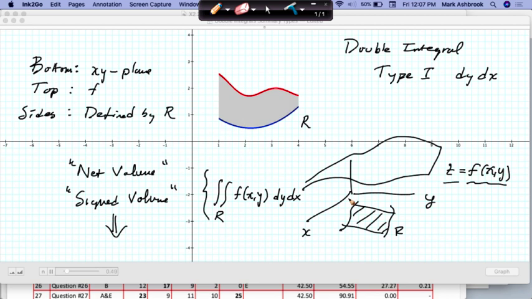What will it be? Yeah, the difference. Any part of the solid that's above is a positive contribution to the double integral, and any volume that's below the xy plane gets subtracted out. So net volume means the difference of volumes: the sum of the volumes above minus the sum of the volumes below the xy plane. That's what net volume or signed volume means.